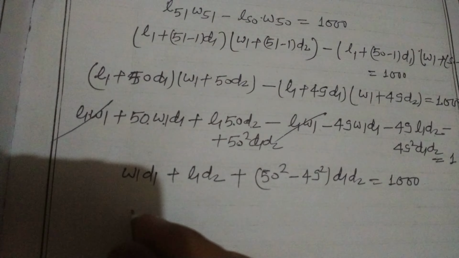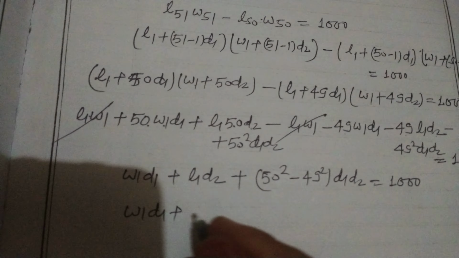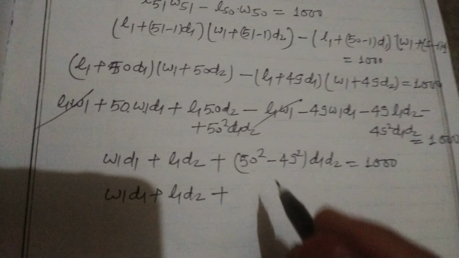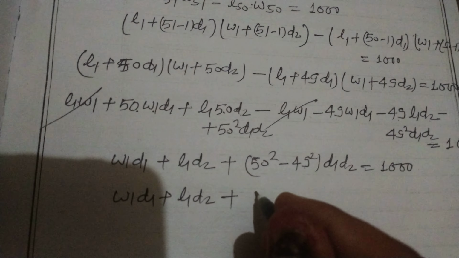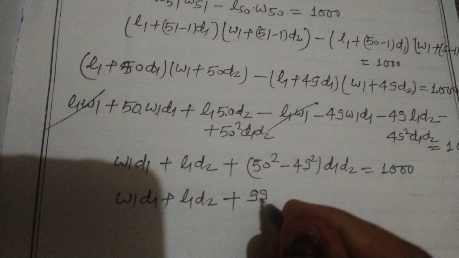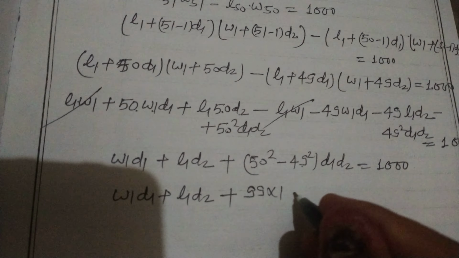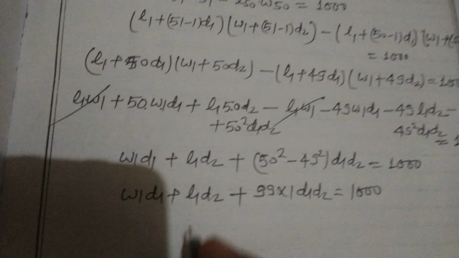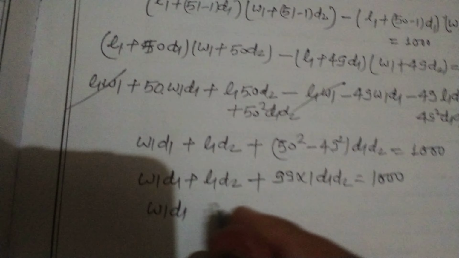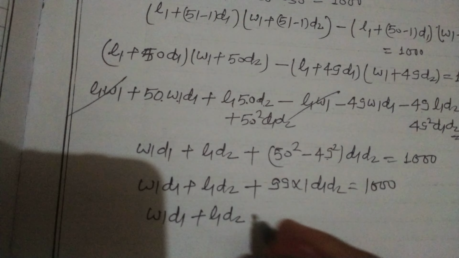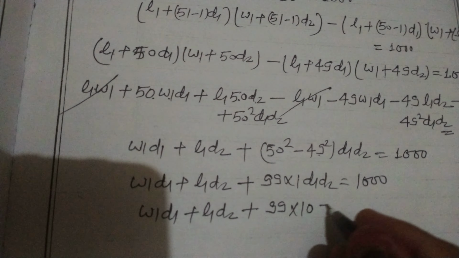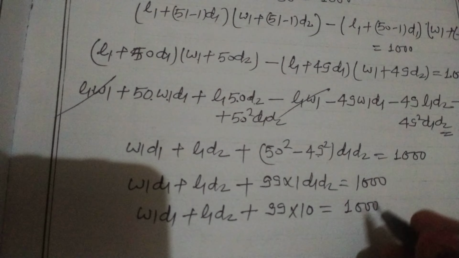Okay, so W1 D1 plus L1 D2 plus how much, 50 plus 49, this is 99 into 1 into D1 D2 equal to 1000.